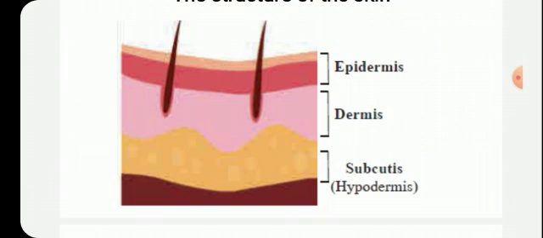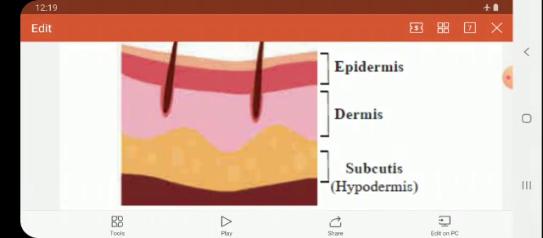Are you clear? The subcutis layer not only maintains the temperature, but it also helps to give us protection from the heat and the cold. Okay, this is the function of the subcutis.